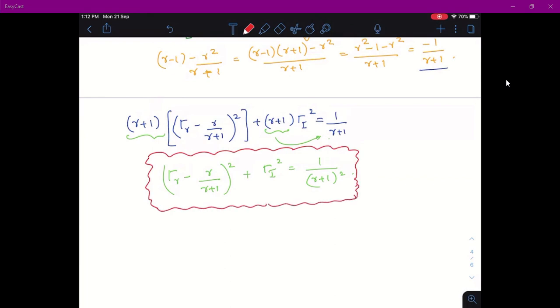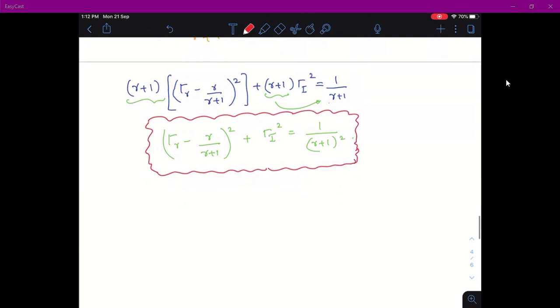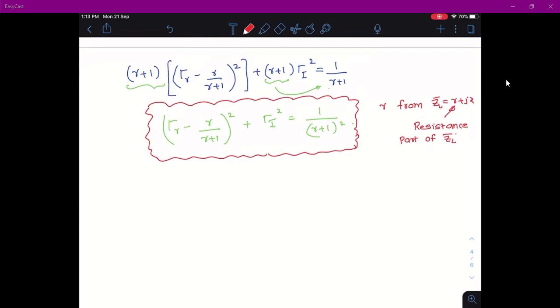This is the expression in terms of the real part of the reflection coefficient, the imaginary part of the reflection coefficient, and r. What is r? From Z L bar equal to r plus jx, r is the resistance part of Z L bar, and tau r and tau I are the real and imaginary parts of the load reflection coefficient respectively.